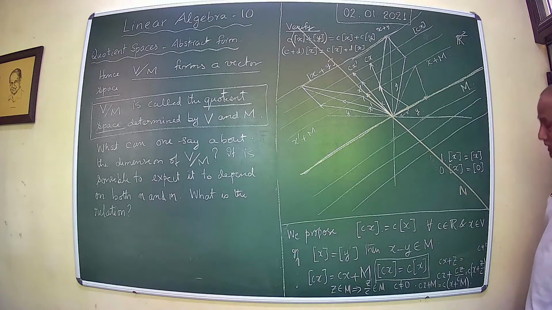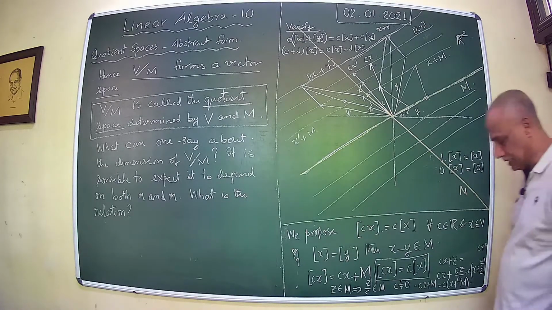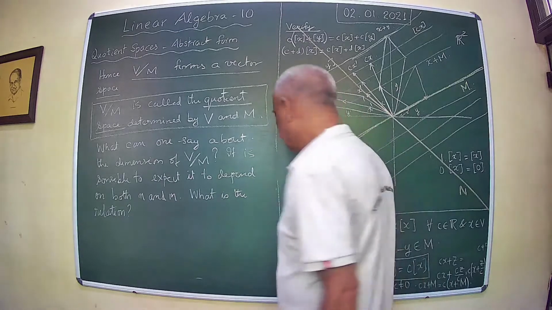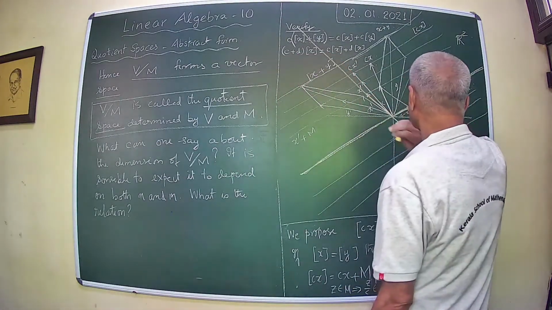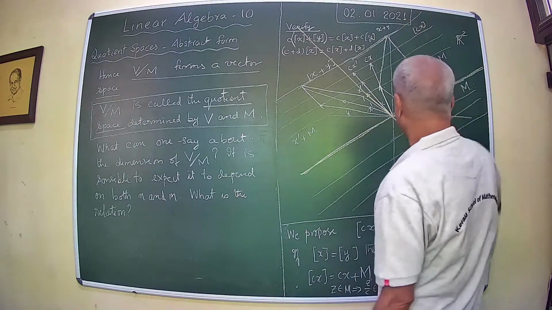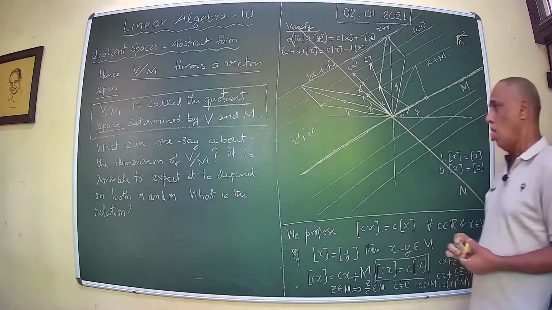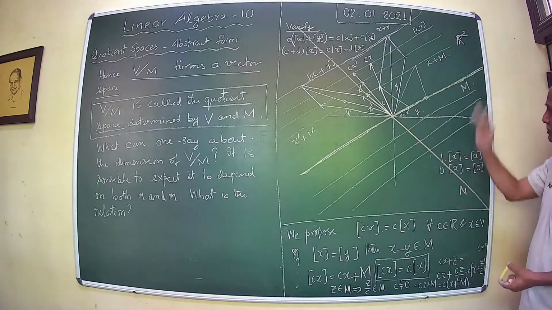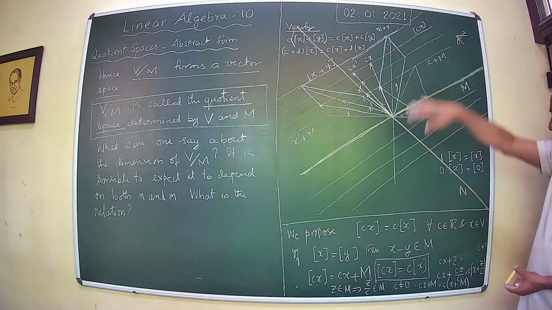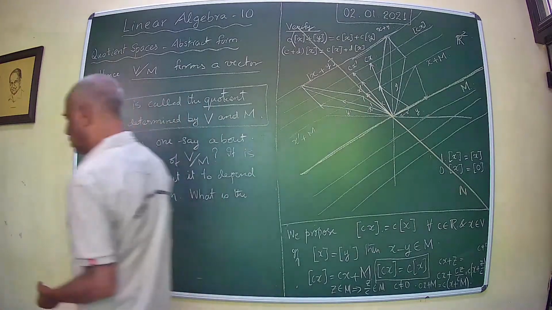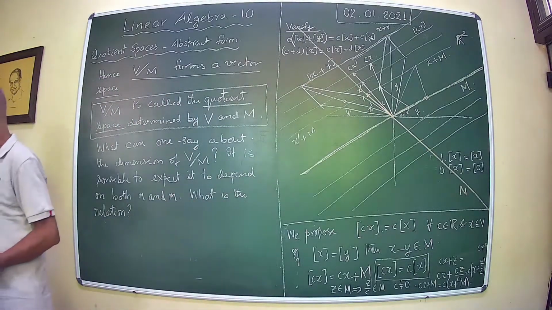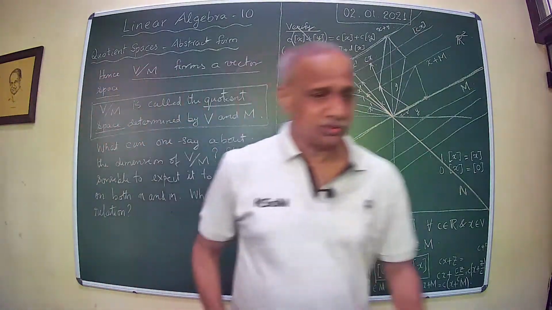But the unfortunate thing is that the choice of such an N is not unique, because you can choose any other line which is not lying in M. Okay, it also serves this purpose. For example, you choose this line.